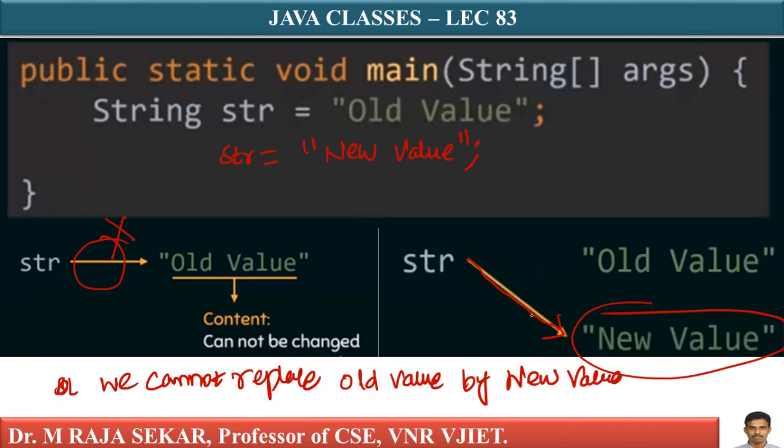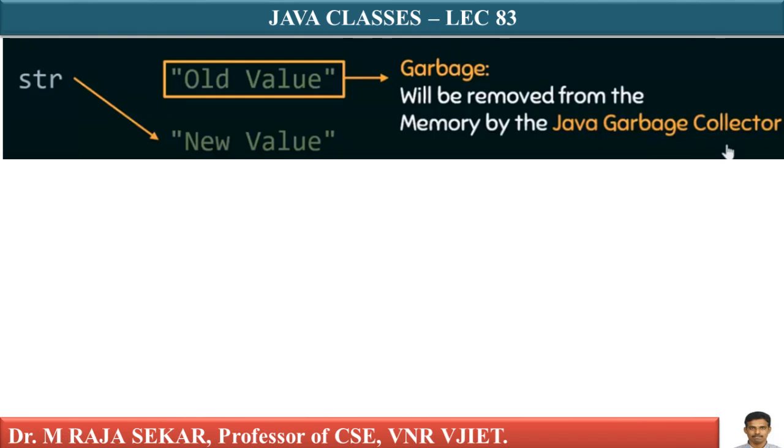This happens because strings are immutable. We cannot edit the old value, so we create a new value and our object will refer to the new value. And now you might ask, what happens to the old value? It will be removed from memory by the Java garbage collector.